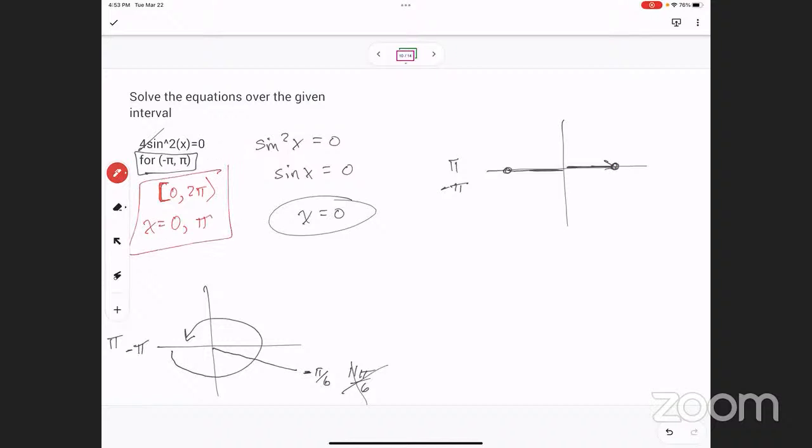Do you get what I'm saying? Not really, to be honest with you. I just don't understand what you mean by going the opposite way around. What are the points there? Do you remember how this is your initial side and positive angles go counterclockwise and negative angles start here and go clockwise? This value right here, going this way counterclockwise, is called pi.